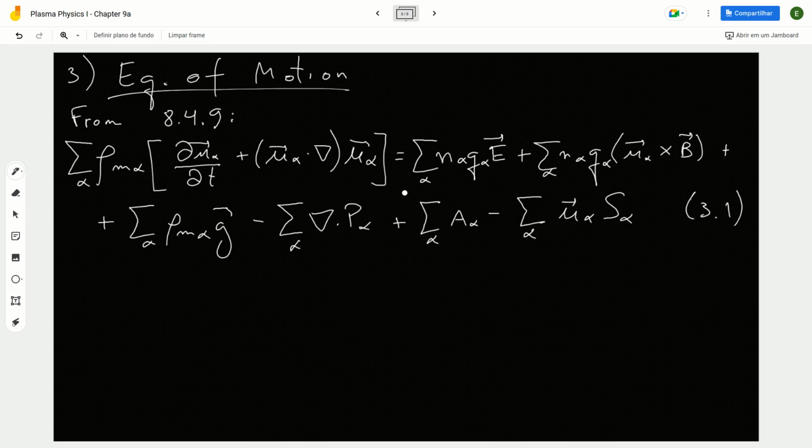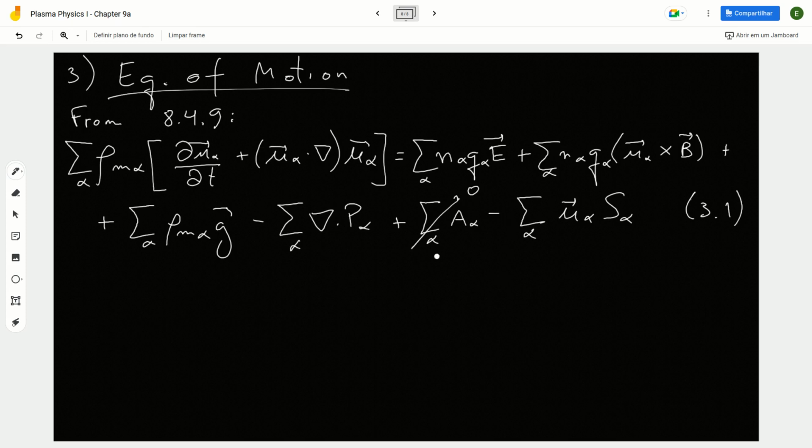Well, A alpha is the rate of change of momentum, or mean momentum per unit volume, due to collisions. So these are both contributions of collisions. Well, since the total momentum of particles in a plasma is conserved, we also have this equal to 0.